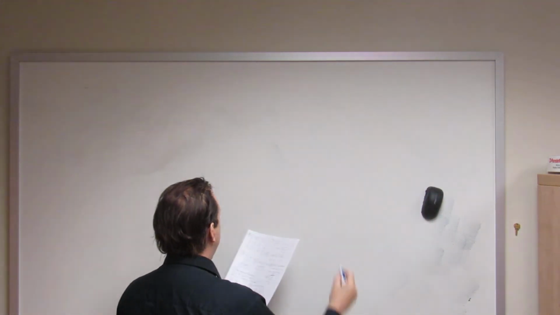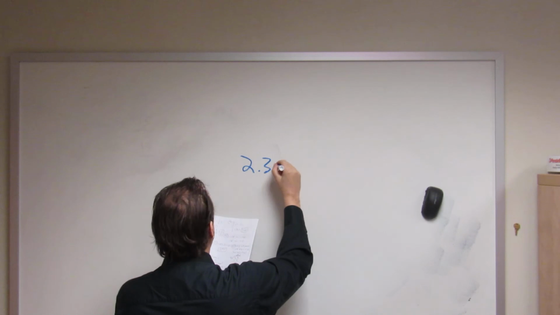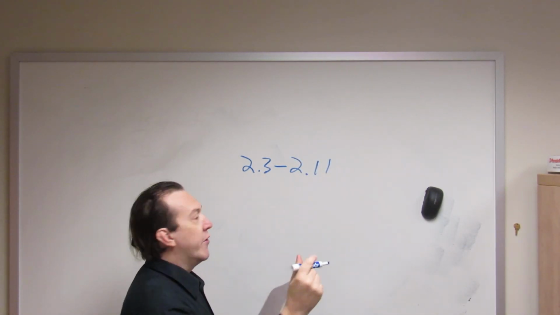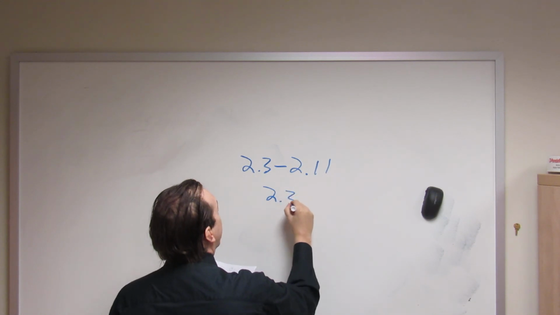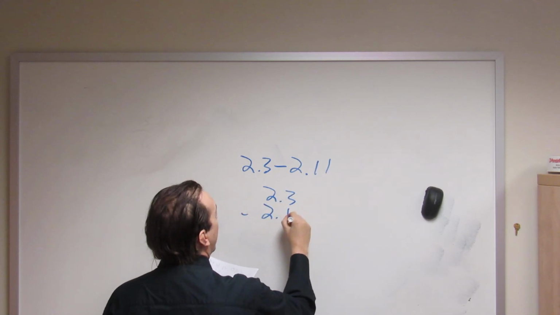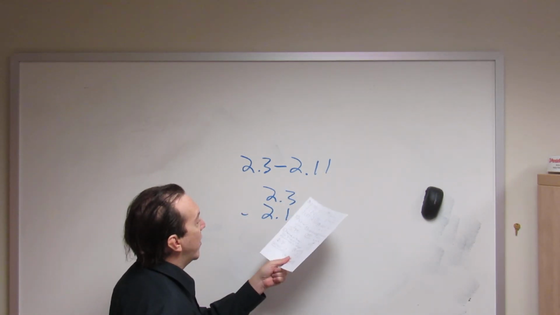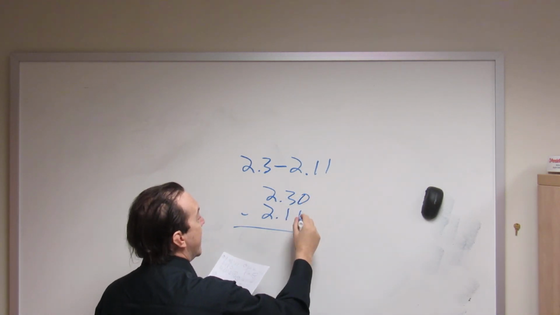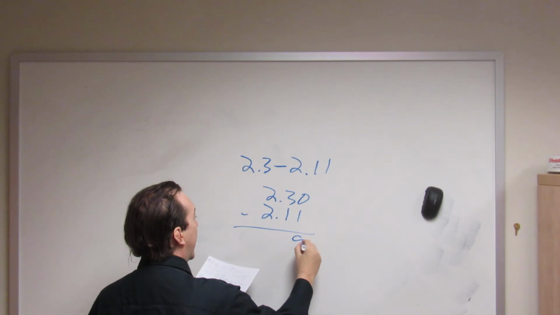Then let's say we have 2.3 minus 2.11. Put this vertically. 2.3 minus 2.11. Since we don't have anything here, we need to put a 0. So 10 minus 1 is 9.